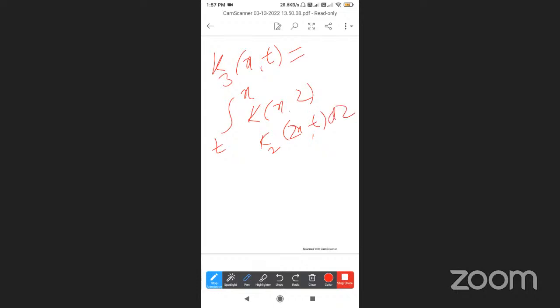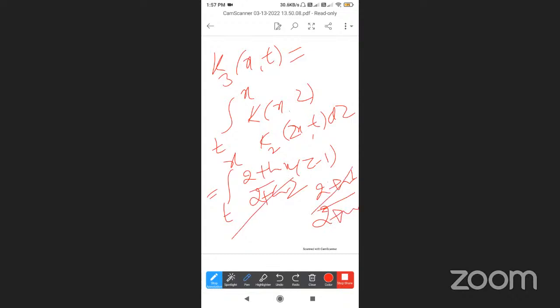So in the integrand we have 2 plus cos x by 2 plus cos z, into z minus t, into 2 plus cos z by 2 plus cos t. The 2 plus cos z terms cancel.